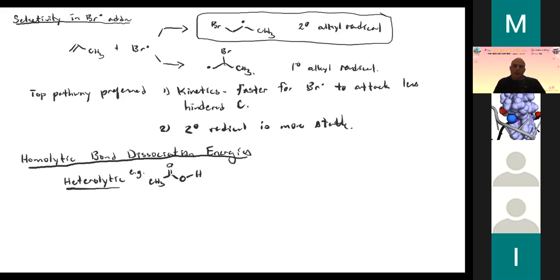If I put this in water, we say that it's going to form acetate plus hydronium. And if I want to show that, I can just push those electrons onto the acetate. So that's an example of heterolytic cleavage. Both electrons go with one atom.